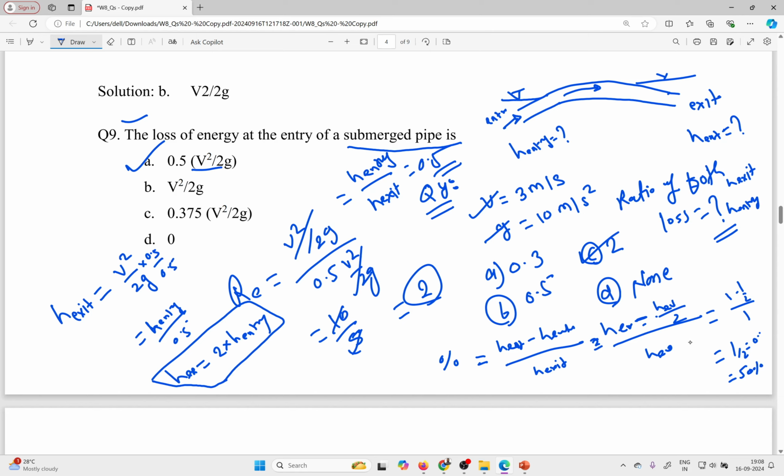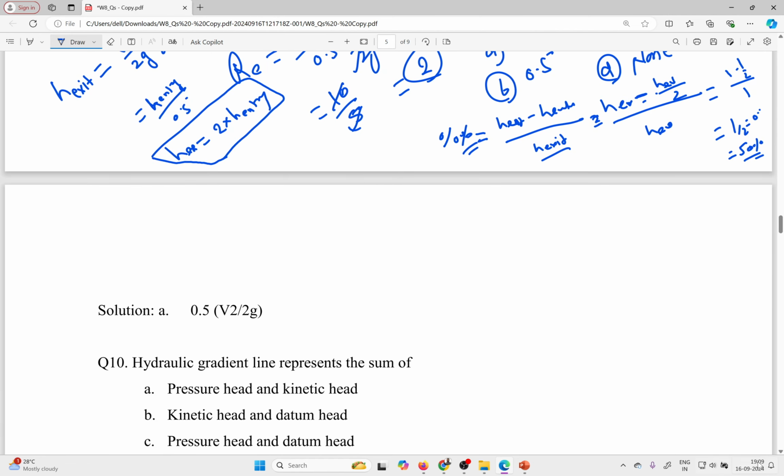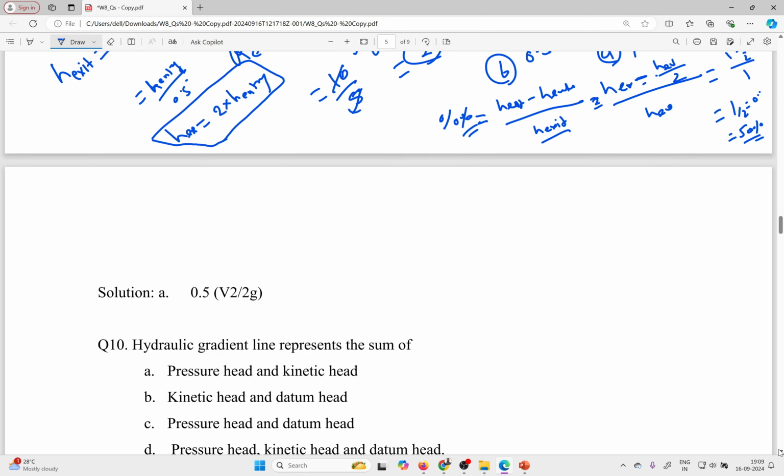So the percentage difference in losses with respect to exit is 50%. So remember please, if I talk with respect to entry, this will definitely change. Such types of things you need to always remember.